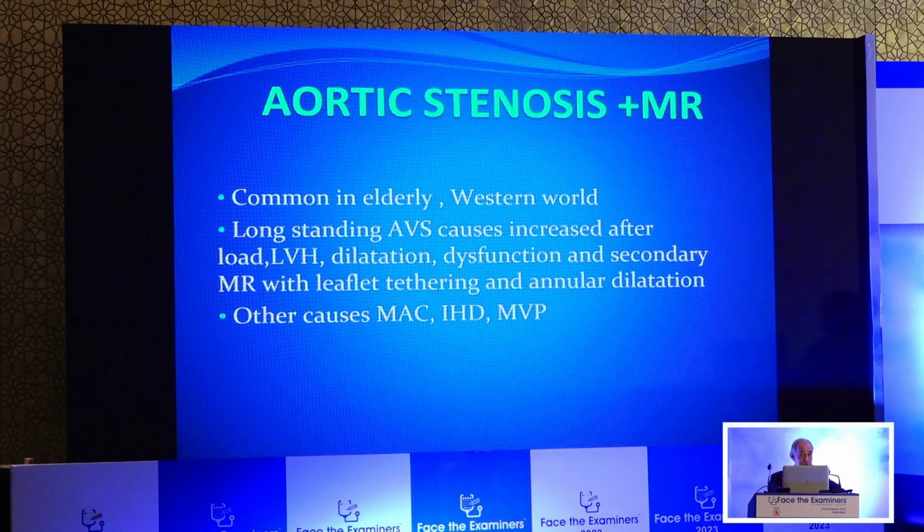So the combination of AS and MR, not uncommon, poses a challenge in diagnosis, and also when you look at the therapeutics. These are patients where TAVR can be challenging, patients of aortic stenosis with mitral annular calcification, or those where there may be a requirement of double valve therapeutics.